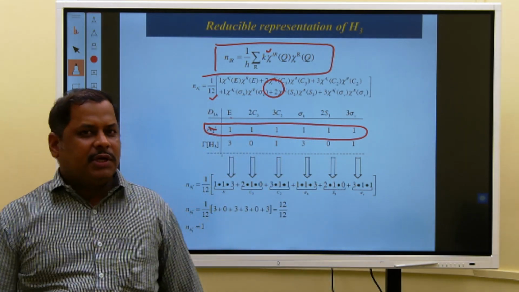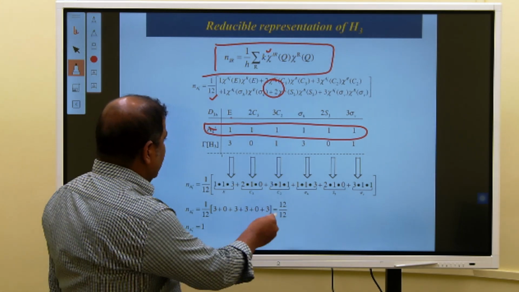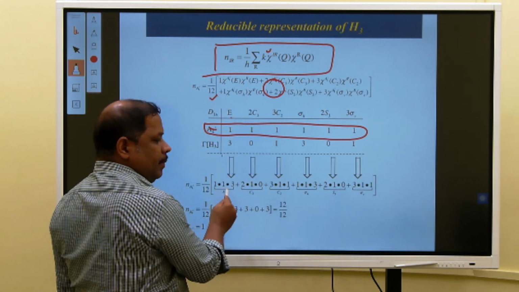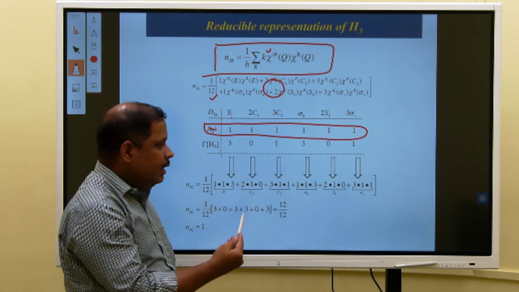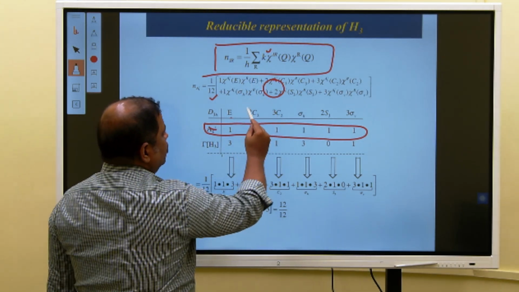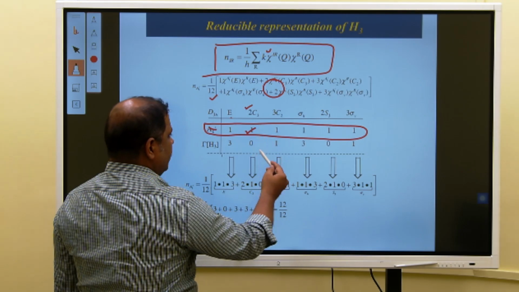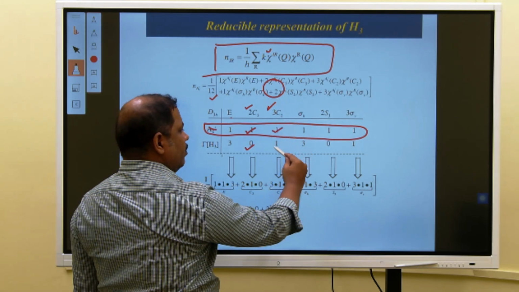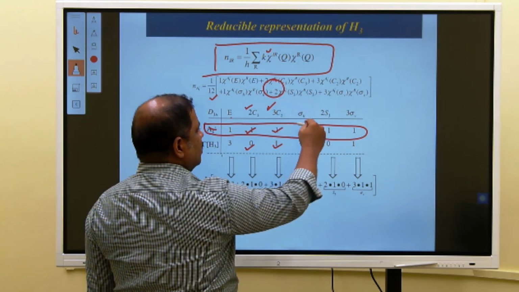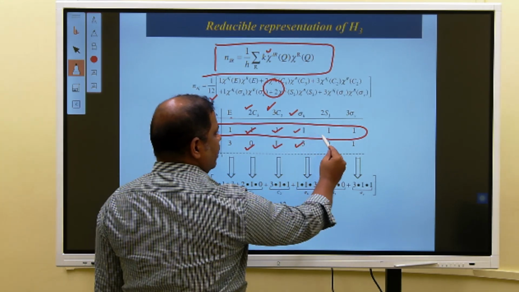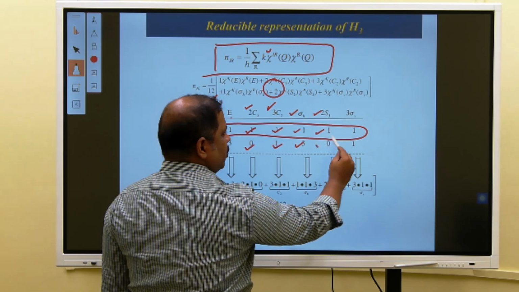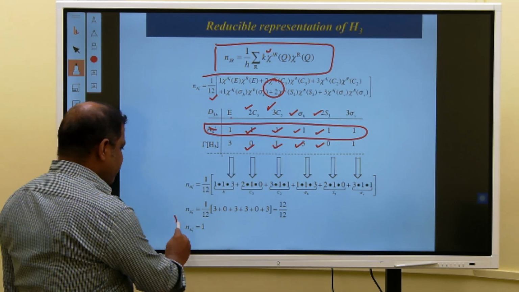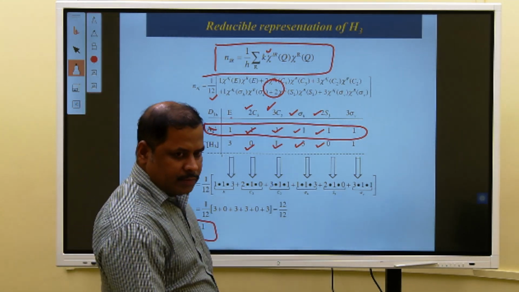Okay? So now put it in the formula. So 1 upon h, 1 multiplied by 1 multiplied by 3 plus, now see, 2 multiplied by 1 multiplied by 0 plus 3 multiplied by 1 multiplied by 1, and so on. So if you will solve it, you will come to know that A1 prime is going to be contributing 1 term. Okay?